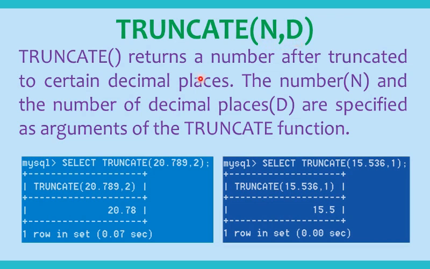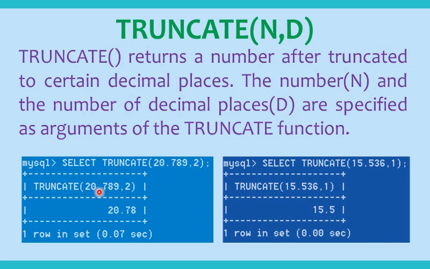Now see with example. Select truncate 20.789, 2. Now see in this example, this is the number 20.789. It is truncated up to 2 decimal places. Now how is it truncated up to 2 decimal places?